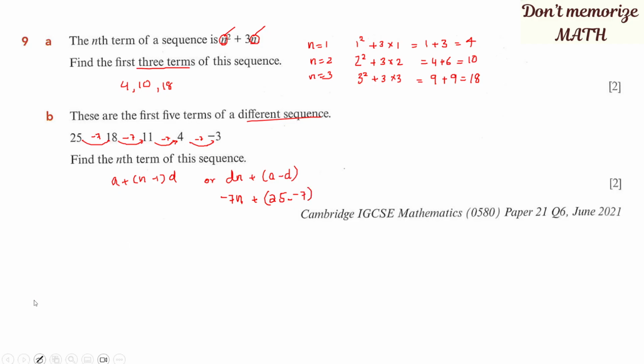If you didn't understand, just see this d value is minus 7, and we already have one minus there. So minus 7n plus 25 plus 7. 25 plus 7 is 32. So the nth term of the second sequence is minus 7n plus 32, or you can write 32 minus 7n also, no problem. I hope question number 9 is clear for you.